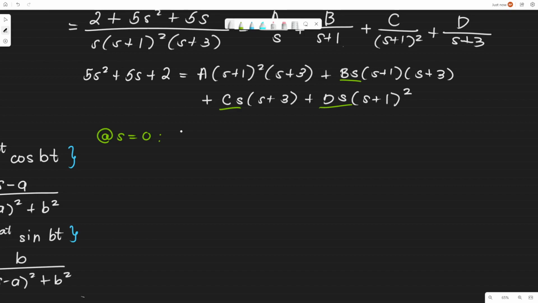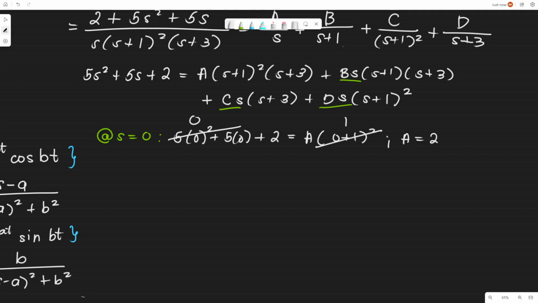So, we have here 5 times 0 plus 5 times 0 plus 2 is equivalent to a times 0 plus 1 squared, which is essentially just 1. Ito naman, just be 0. So, therefore, a is equal to 2.